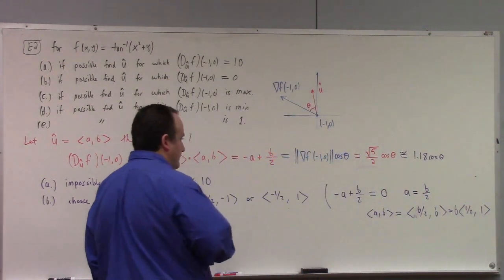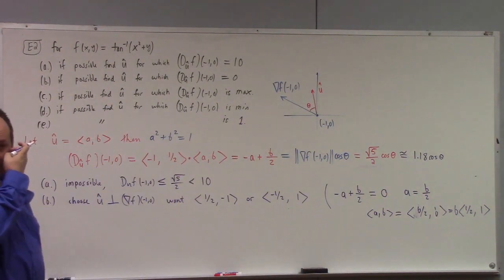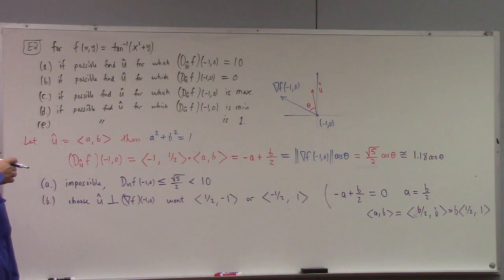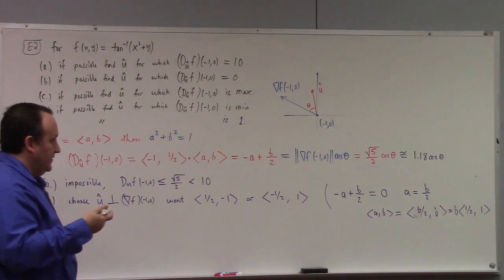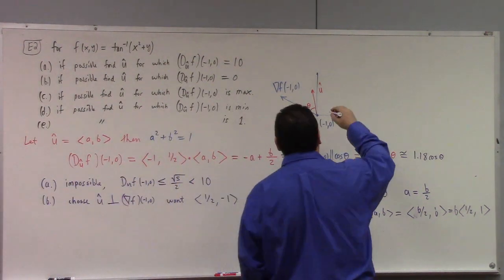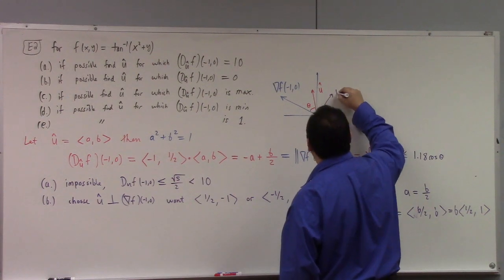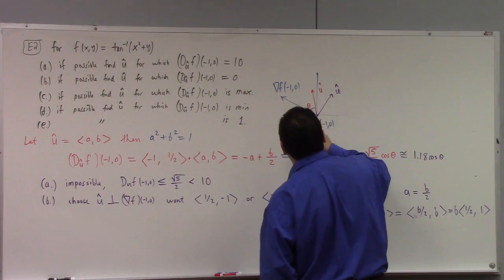Now, that's the direction. Any of those vectors would be perpendicular, but for the U hat, how many? There are just 2, right? There's this one, and there's this one.